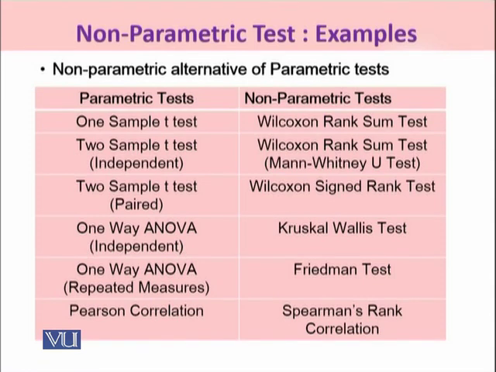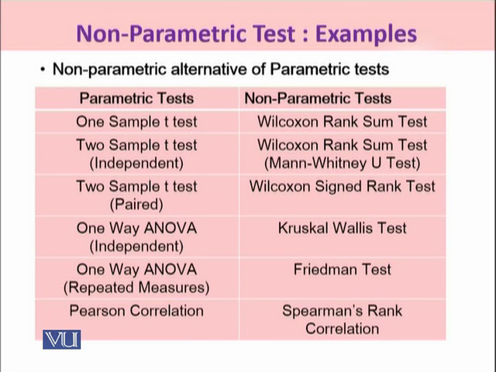Students, if we just look at this comparison chart, that is giving us a clear picture of that comparison of the tests, parametric and the non-parametric. So if certain assumptions are not fulfilled with the parametric test, we can look for certain alternatives of those parametric tests.